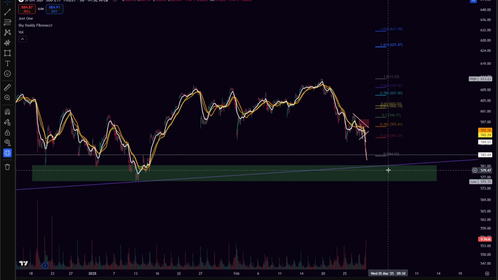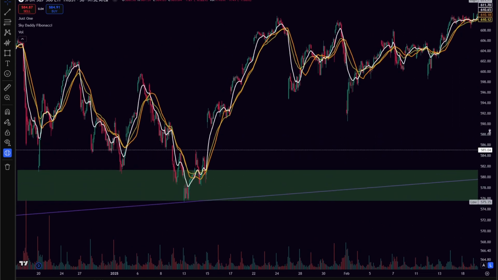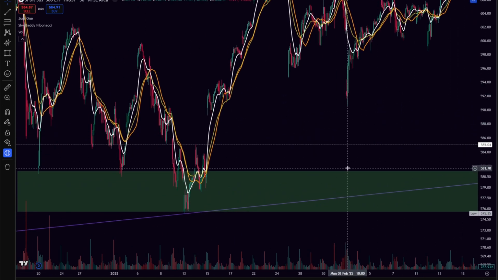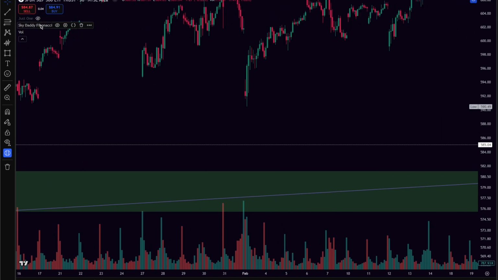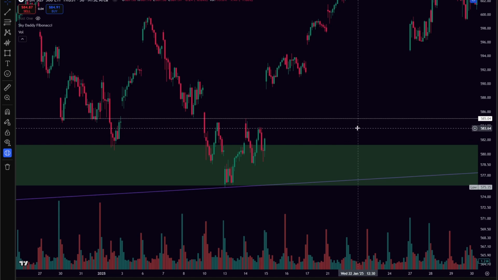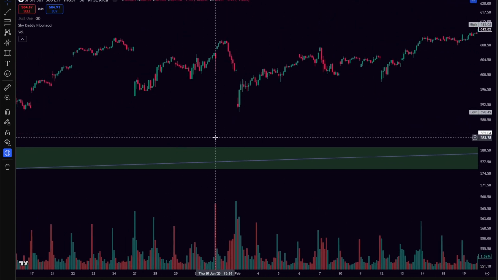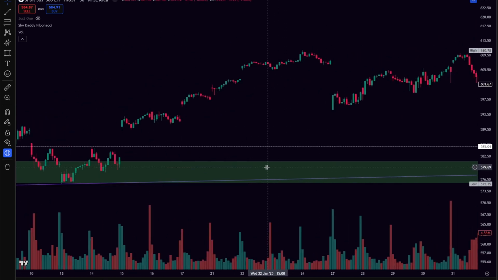See, if we come down, oh, that's nice price action here. Did we fill the gap today? We didn't even fill the gap today. 584 is the gap.